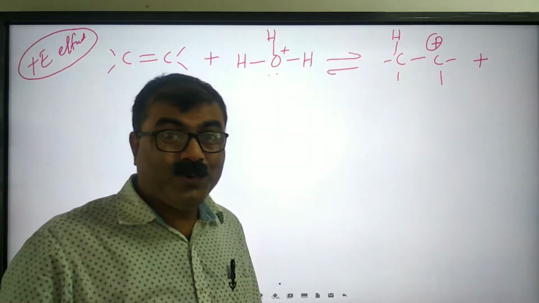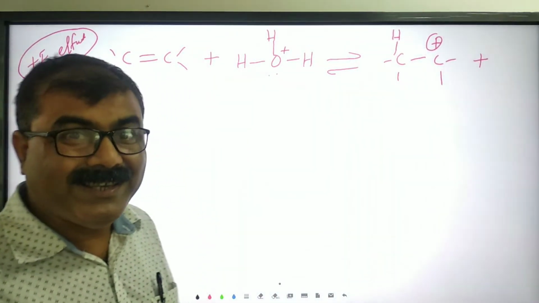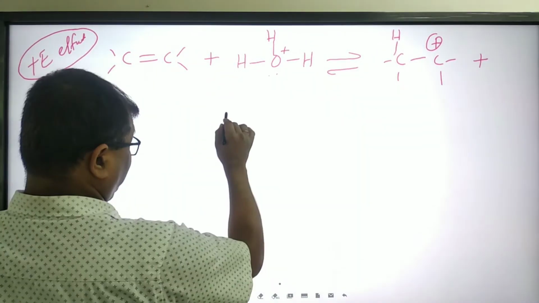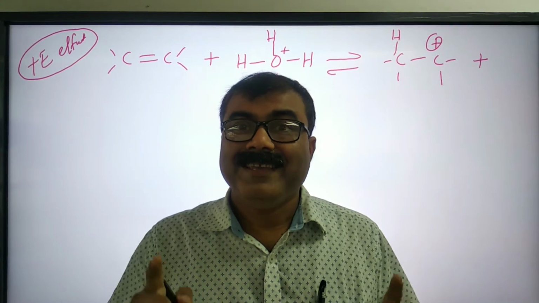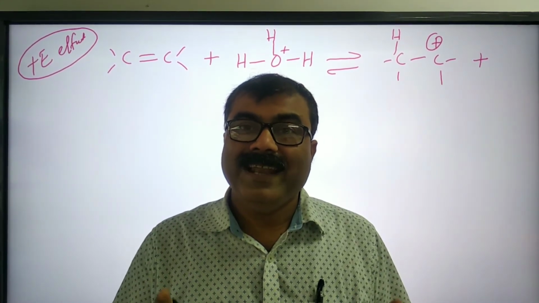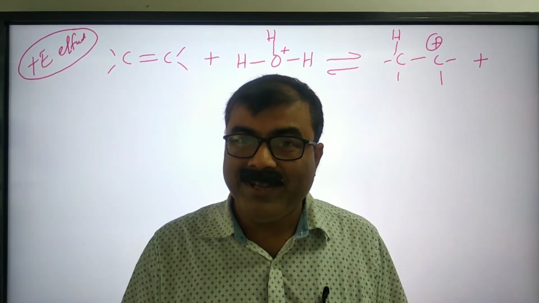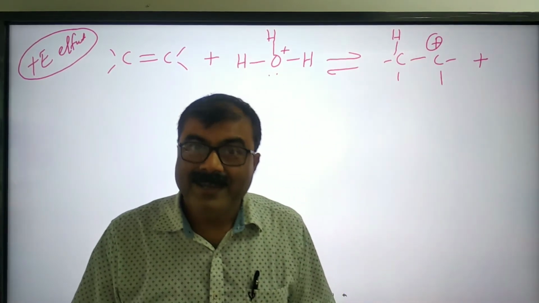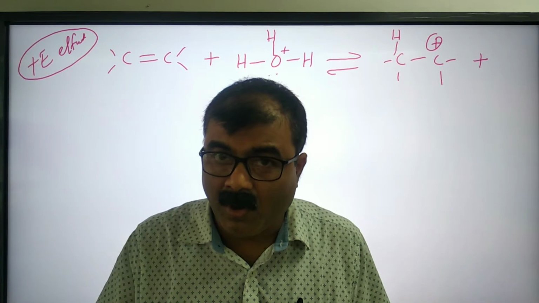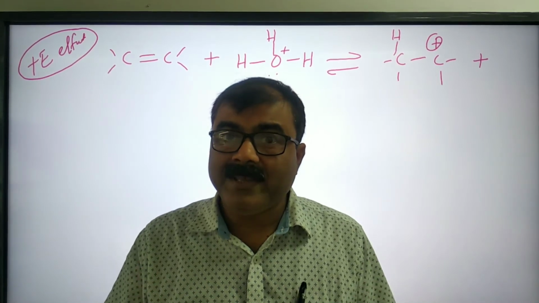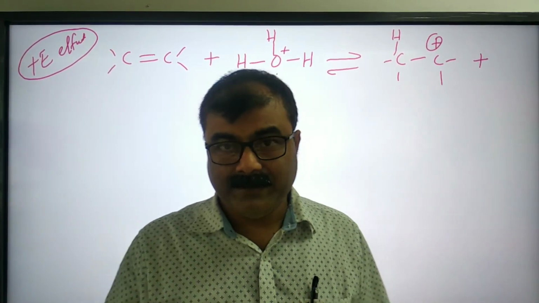So first you should know what actually plus E effect is. E means electromagnetic effect. What is electromagnetic effect? Electromagnetic effect is the transfer of pi electrons of a multiple bond in presence of an attacking reagent.